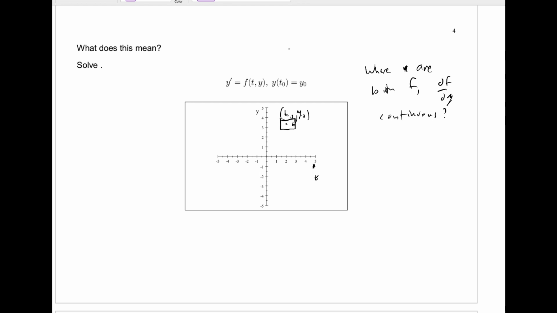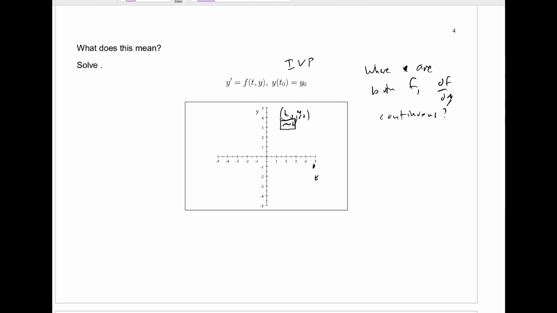then what does our theorem tell us? Our theorem tells us that there actually has to be a unique solution to this differential equation that, along with our initial condition, in other words, a solution to this initial value problem, that goes through this point, but that solution has to exist on at least some small interval centered about t naught. The solution might exist and be unique on some tiny interval.